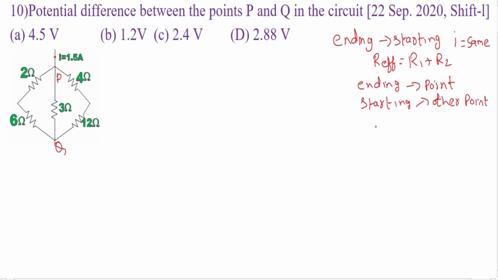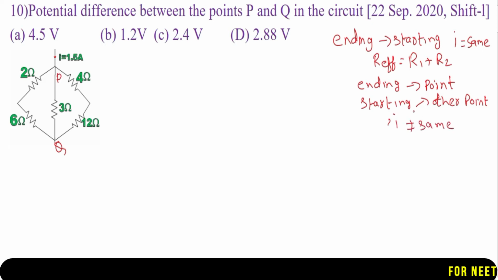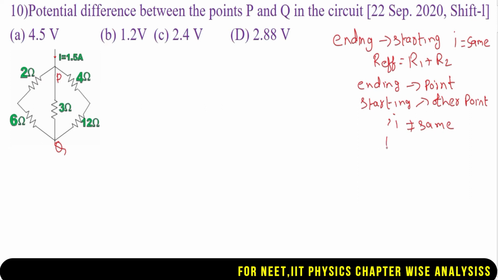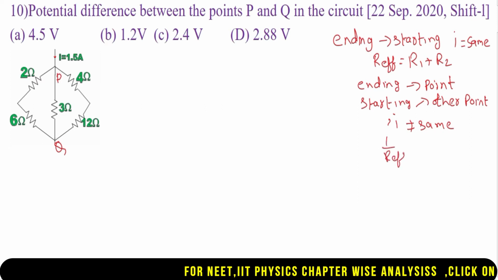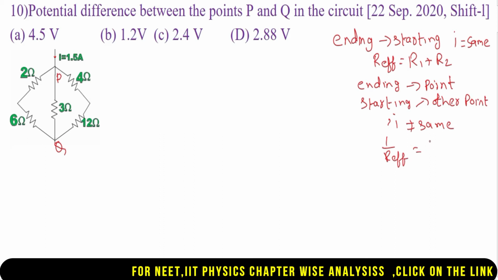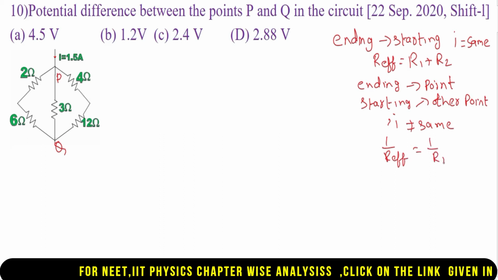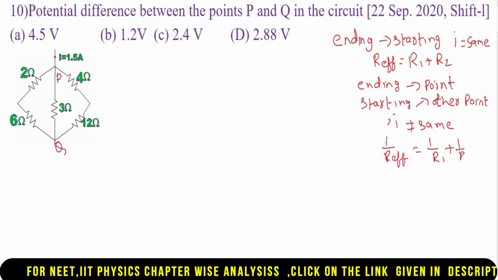The other condition is that the current flowing through the two resistors should not be the same. Then we will say that these two resistors are connected in parallel. In the case of parallel combination, the formula for effective resistance is 1 by R effective equal to 1 by R1 plus 1 by R2.